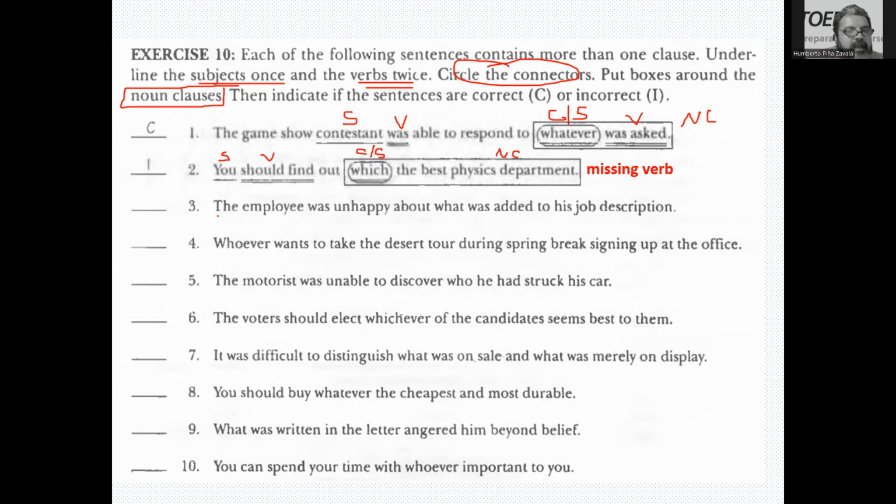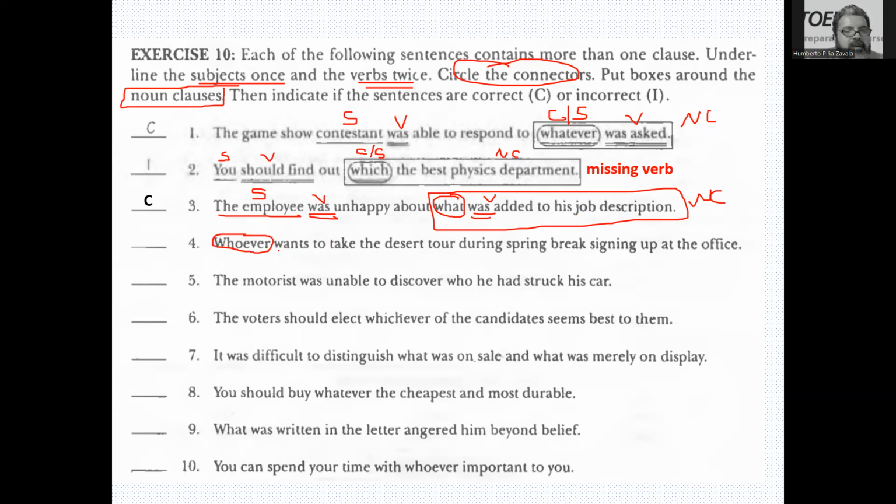Okay, now that you're back, we got the employee was unhappy about what was added to his job description. All right, so we got the noun clause here. So this is fine.